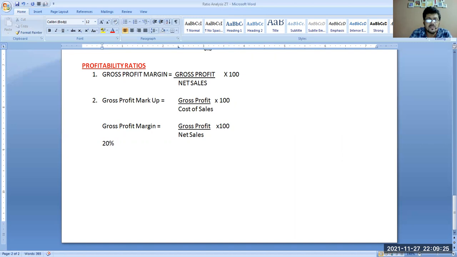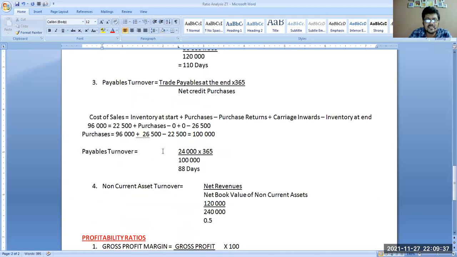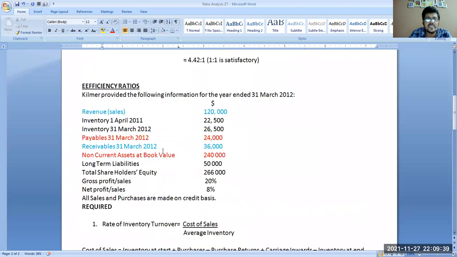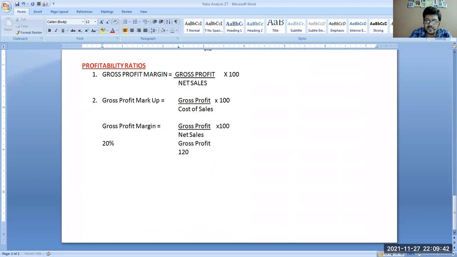So in a question like this, we do not need to calculate margin. We have to calculate gross profit using this same formula. We don't have the gross profit figure, but we are given the net sales in the question, and that is $120,000, and here we will multiply by 100. How do we calculate gross profit?